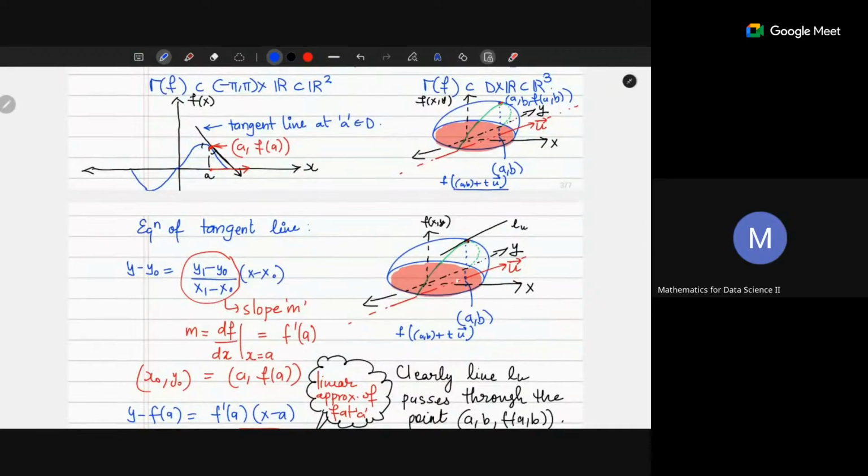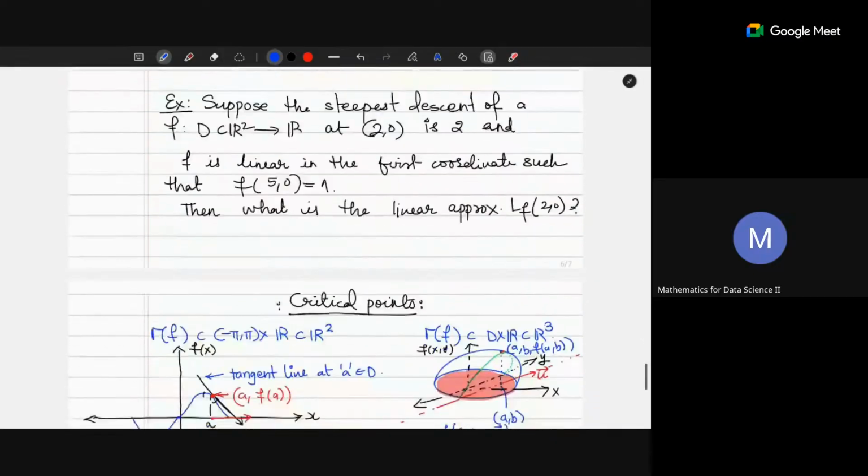I'm just looking at the values which vary. Now this vector A, V is fixed, this vector U is fixed, only the variable is t. So this two variable function becomes just one variable. There is some change of variable happening, so I can convert my two variable function into one variable.